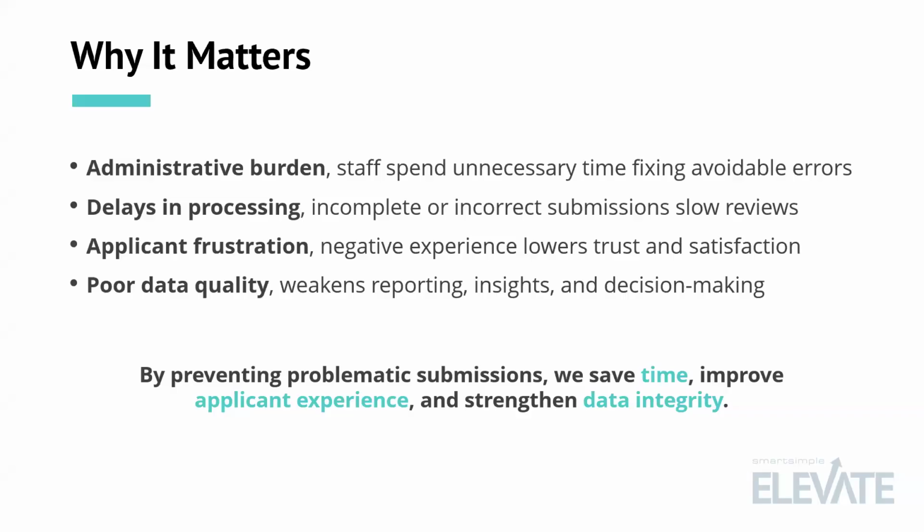So when we prevent those issues at the start of the process, we're not only improving the efficiency, but we're also protecting the integrity of your data and, of course, strengthening that applicant's trust. So that way we are not caught in this loop of errors, right? So that's why we thought it was important to just dedicate a session on how to prevent these errors, again, at the beginning, so that we catch them early on, right?